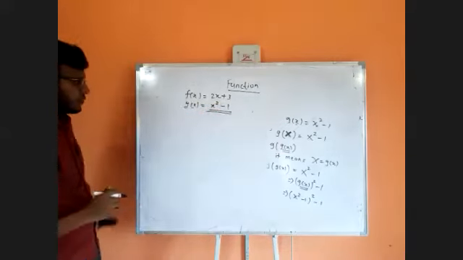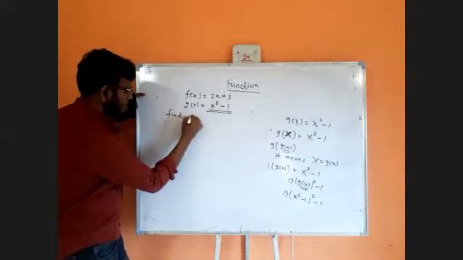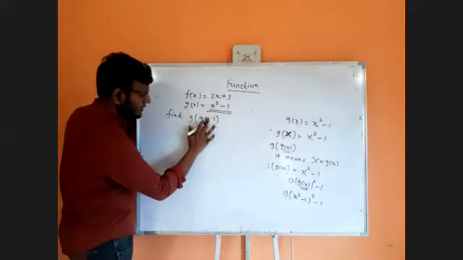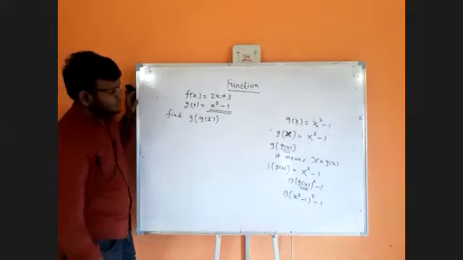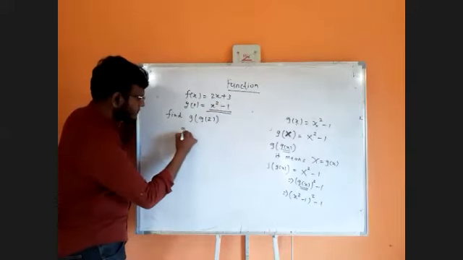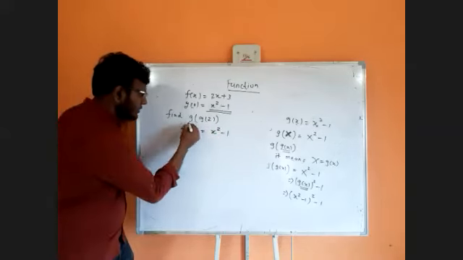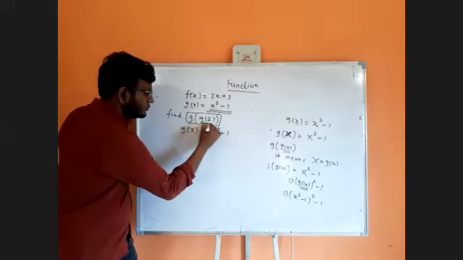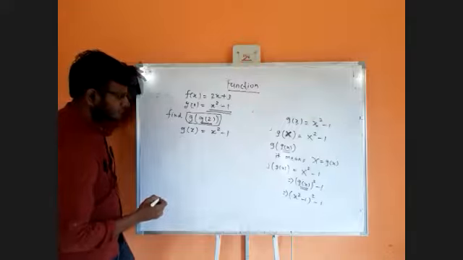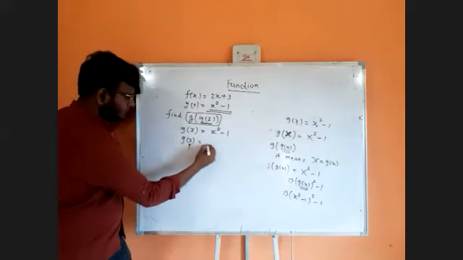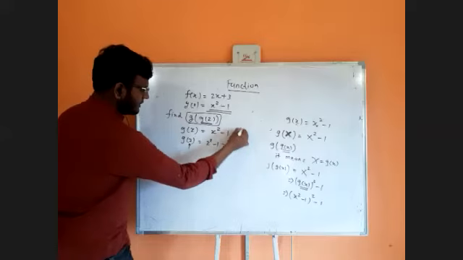So it is saying find g of g of x. Rather, we will take a simple example: find g of g of 2. So g of x is equal to x square minus 1. In order to reach here, I first have to find g of 2. Correct? Because what this function is saying is my input is g of 2, so you better calculate g of 2 first. So g of 2 is 2 square minus 1, which is, sorry, 3. Now this 3 will be fed to this.